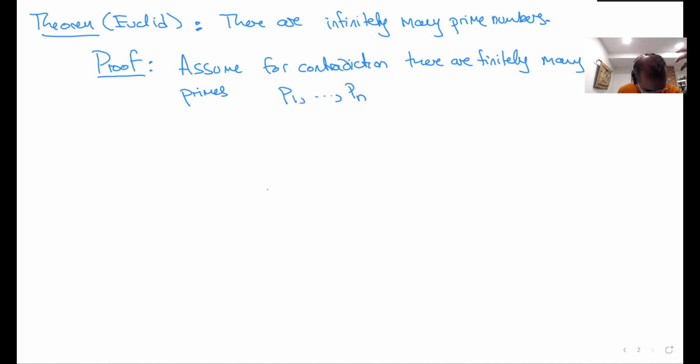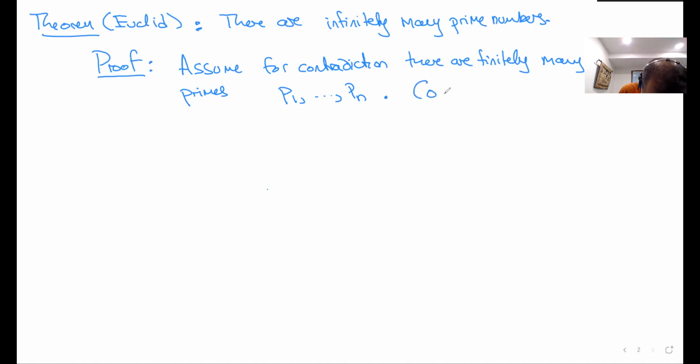The fact that I can list them as p1 through pn is equivalent to saying that there are finitely many. Otherwise, I wouldn't be able to. So this is a hypothetical list of all prime numbers. What I'm going to do is produce a number that's not on this list and is prime.